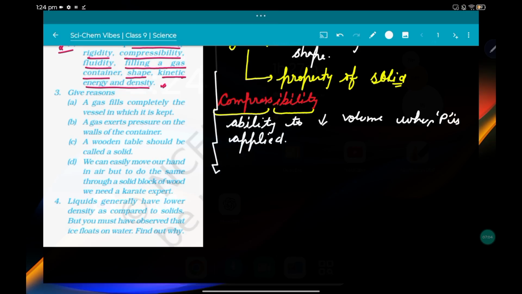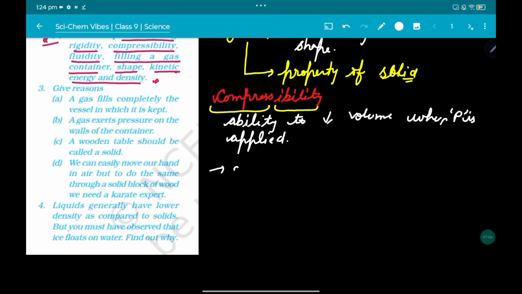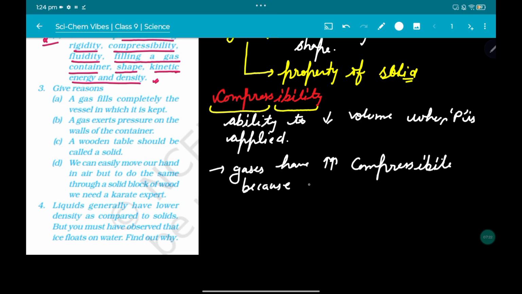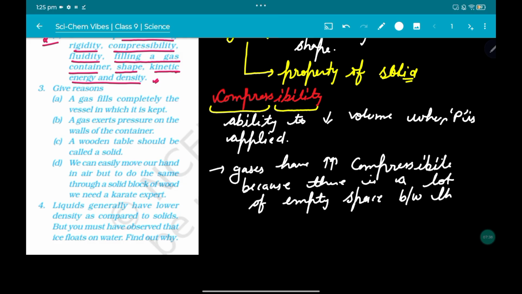Gases have high compressibility because there is a lot of empty space between the particles.